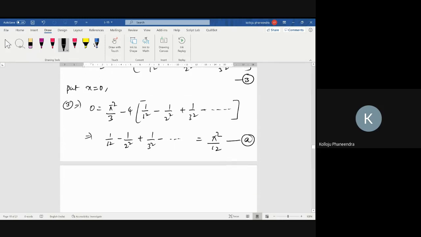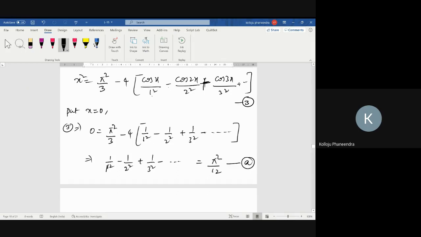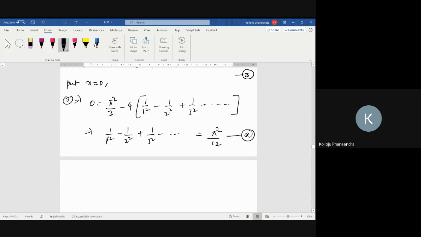Next one, if I want to get all plus, 1 by 1 square plus 1 by 2 square plus 1 by 3 square like that, what is the suitable substitution of x? All should be plus. So cos pi, put x equal to pi.